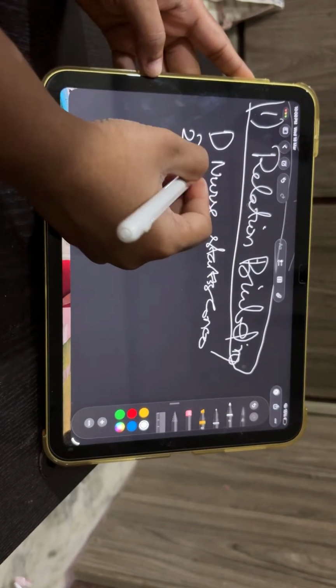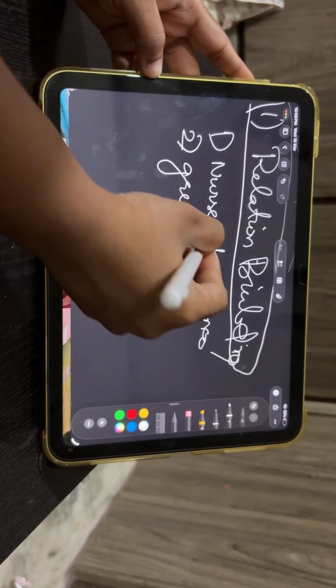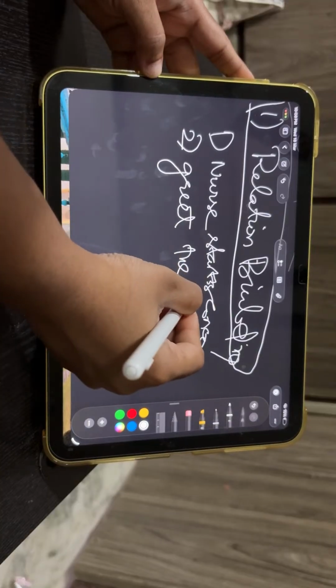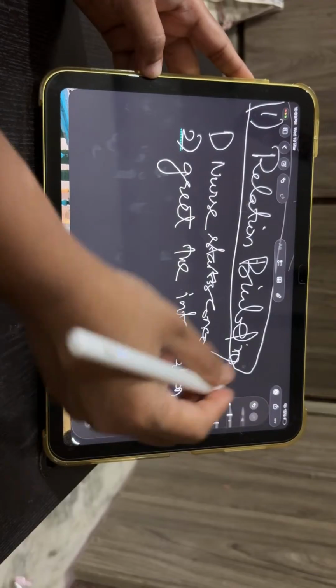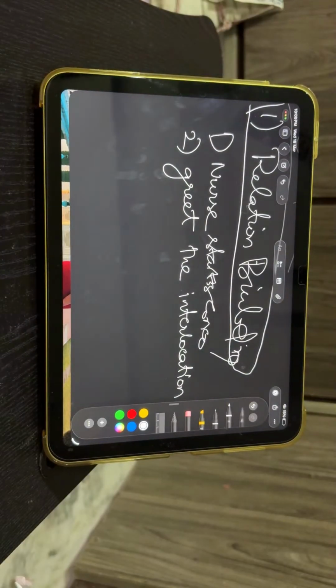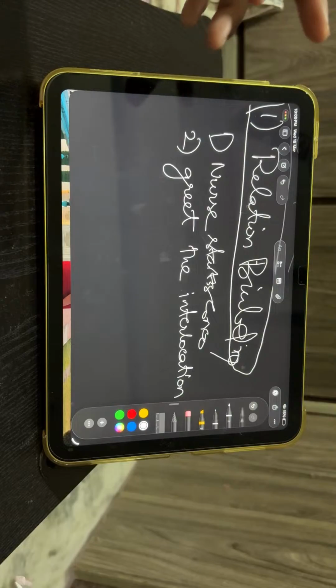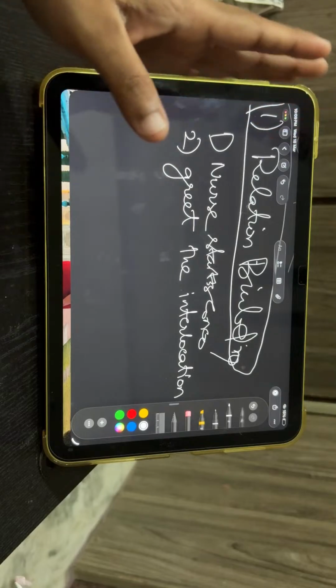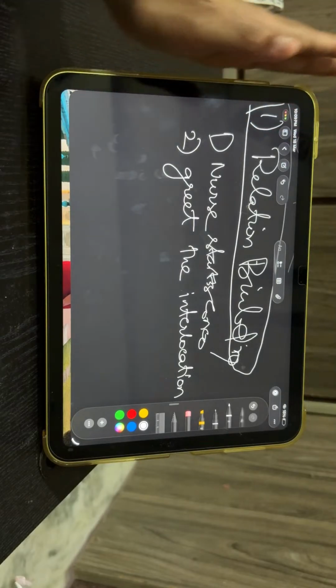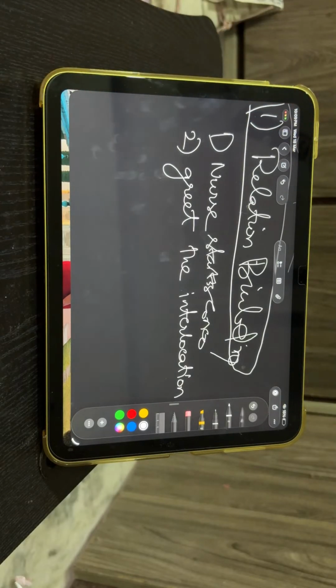Second thing, greet the interlocutor first. One more orientation I will give: this is the class regarding OET speaking criteria. I am discussing the criteria. Before you speak your role play, first you have to greet your interlocutor.